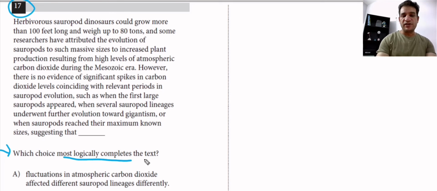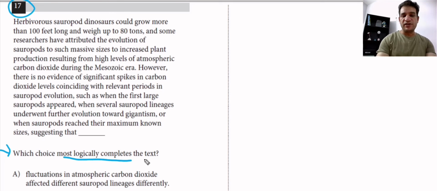Now, how to tackle inferences questions? Inferences questions, my friends, give you some facts or some premises in a text and ask you to come up with a conclusion. So this is very important. To tackle this question, divide the facts in the text into some bullet points, and then put those points together to come up with a conclusion.